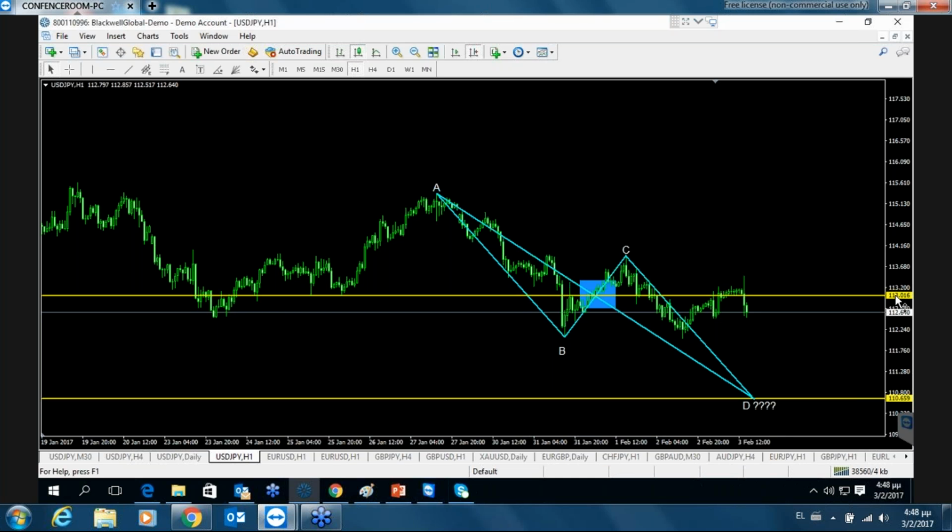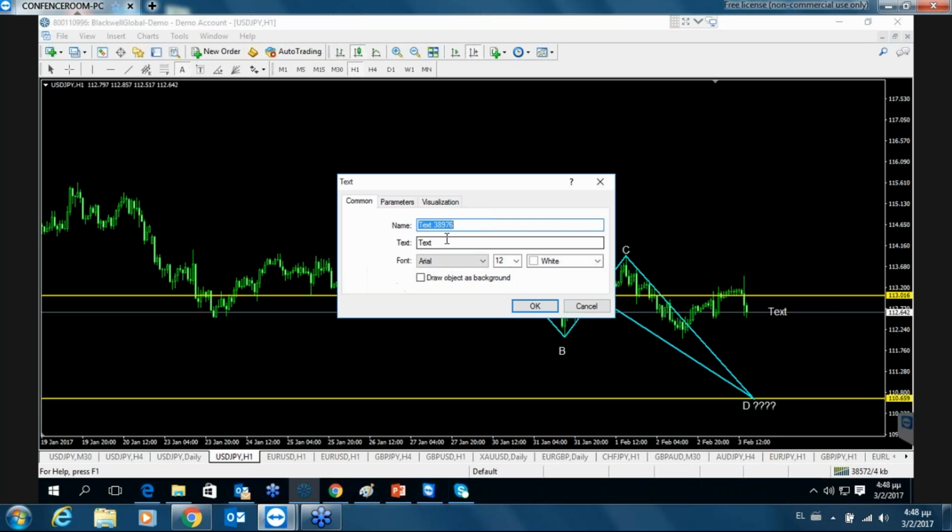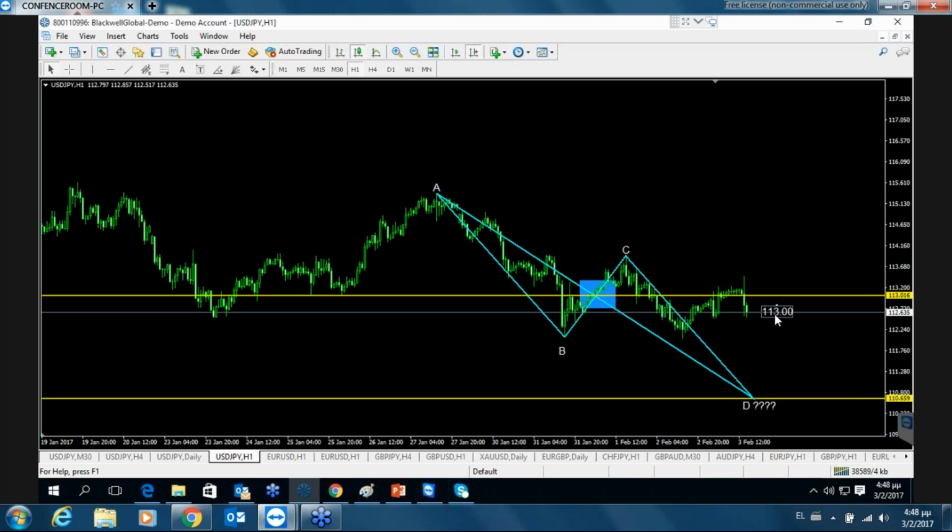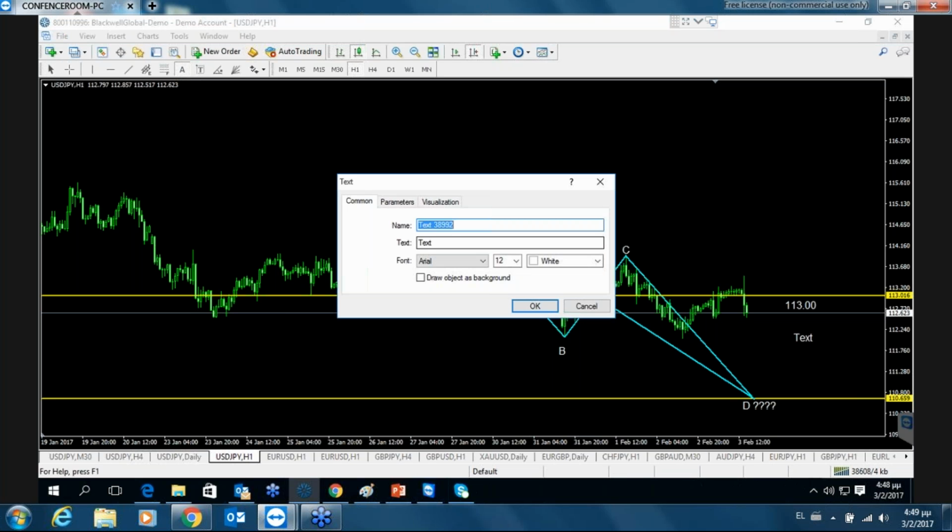So under 113.01. 113.01 is just too close to the 113.00 psychological number. This is always not a good number to trade exactly. You would need to trade under the 00 at least by 10 pips. If it is under the 00 psychological number, it will be roughly 112.90. Yes, correct.